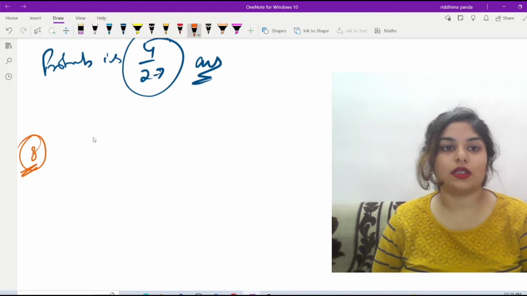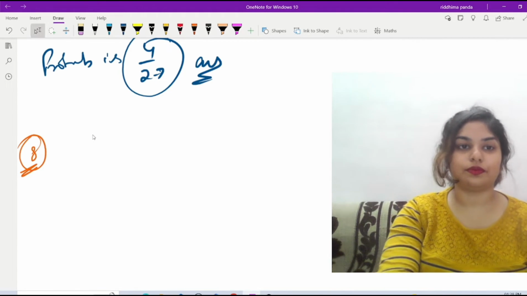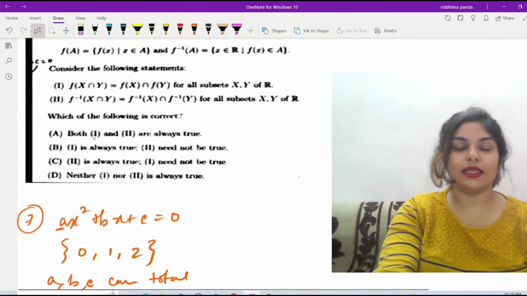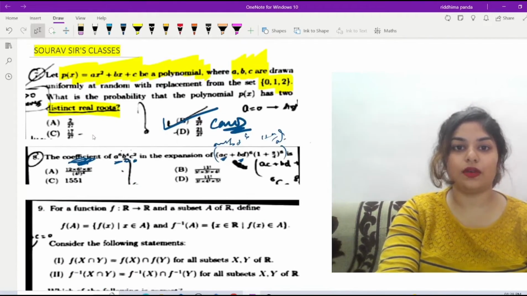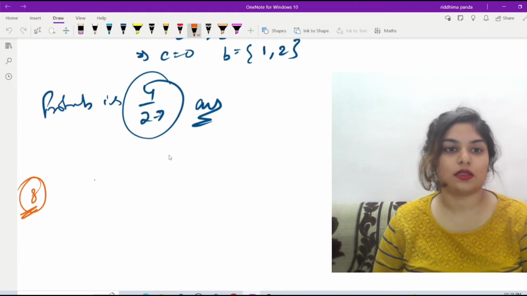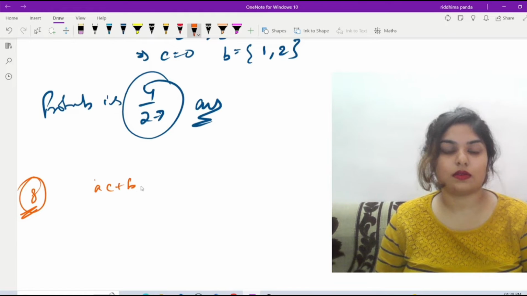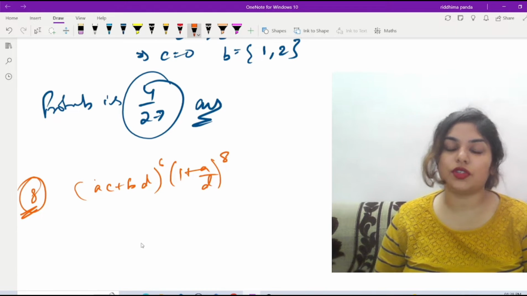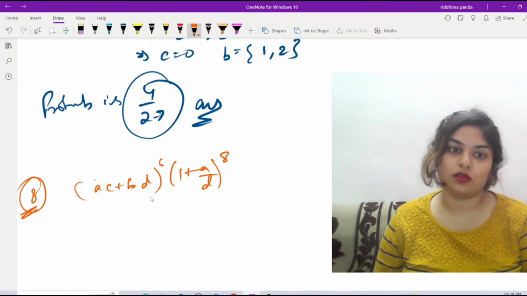The product given is (ac + bd) to the power 6 times (1 + a/d) to the power 8. So this is the product, the coefficient of which we have to find out.